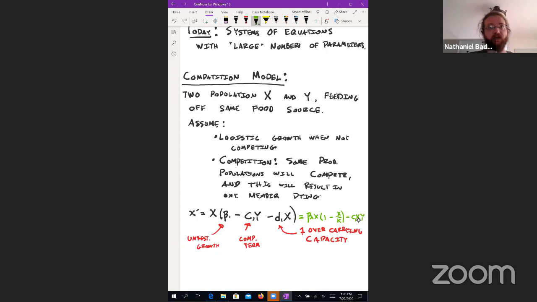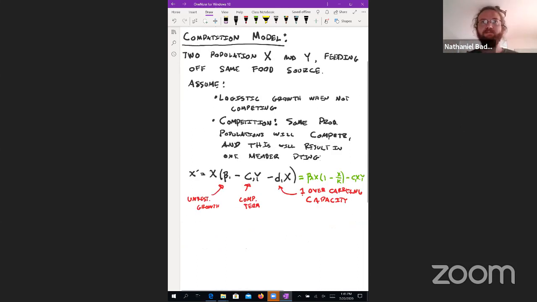We could rewrite this in this form if we wanted to, but this just puts everything on the same footing. And of course, we're going to be looking for equilibrium solutions. This gives us a nice way to have the equilibrium solutions factorized. Are there any questions? Do you believe that all of these terms make sense at this point? Cool. Then I have prepared you for this point. All right.